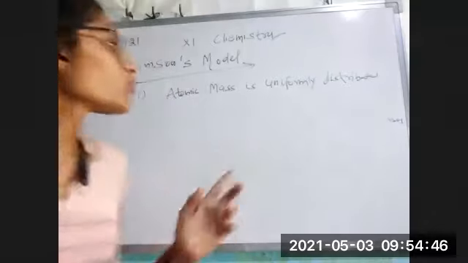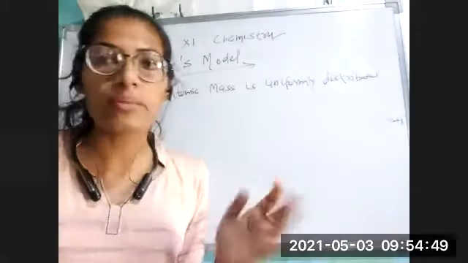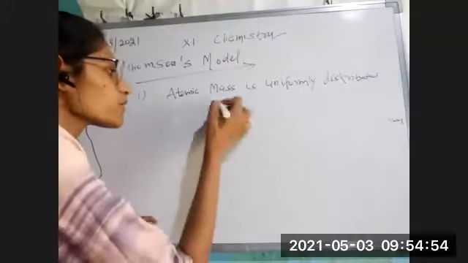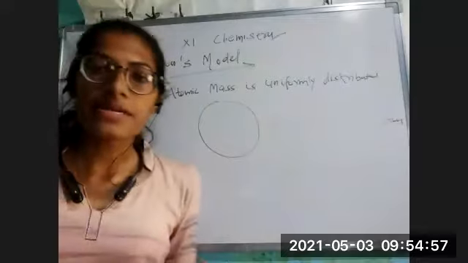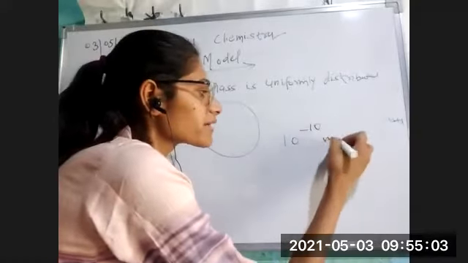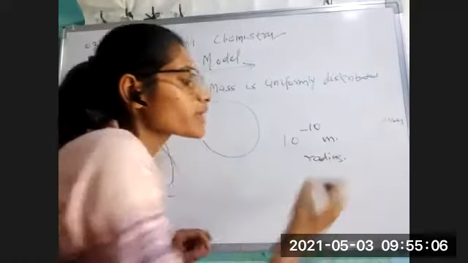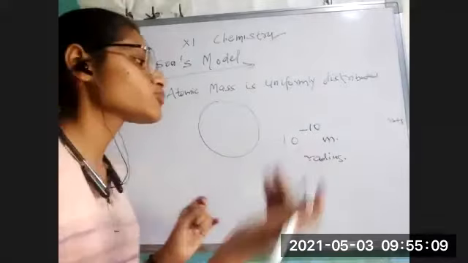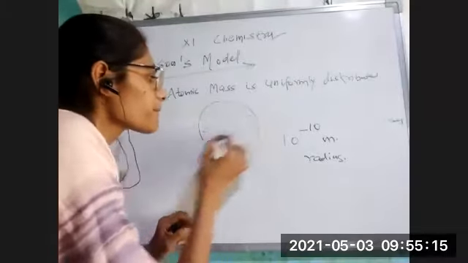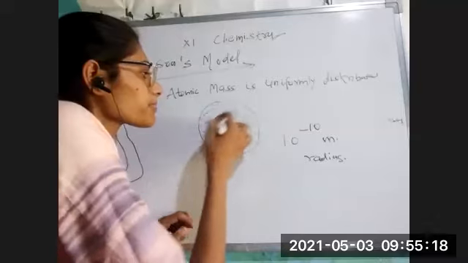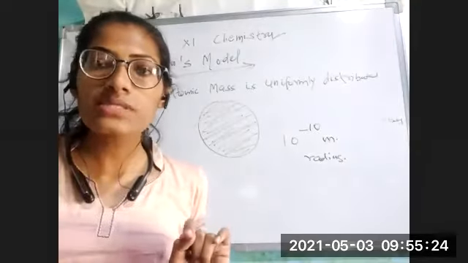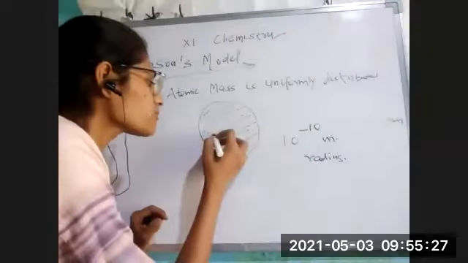Now, first point, Thomson explained that atomic mass is uniformly distributed. He said that the atom has a spherical shape. According to Thomson, the atom is spherical with a radius of almost 10 raised to power minus 10 meter, so it is very small, and mass is uniformly distributed. Now he said that electrons are put somewhere in this atom.